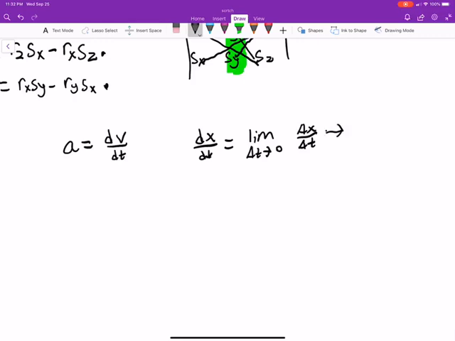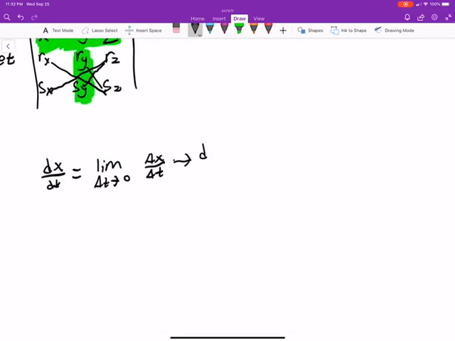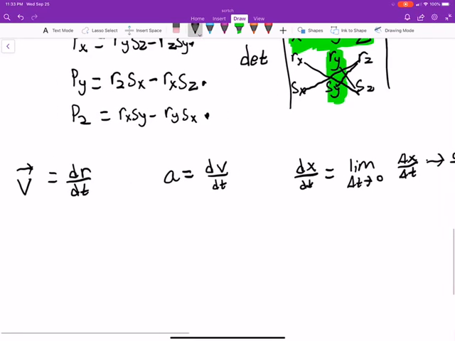Using that same logic, dr by dt is just equal to the limit as delta t approaches, not equals, 0 of delta r by delta t. So just a little Calc 1 review here.